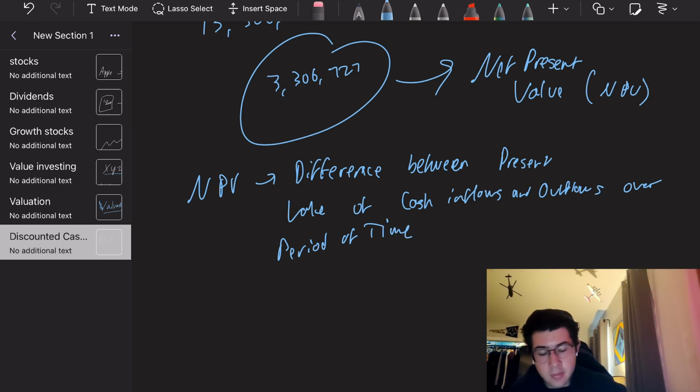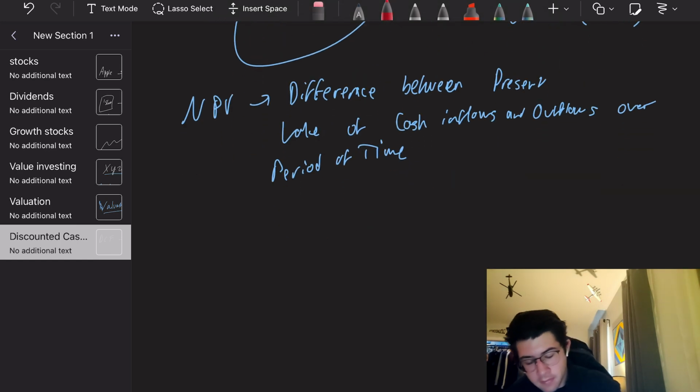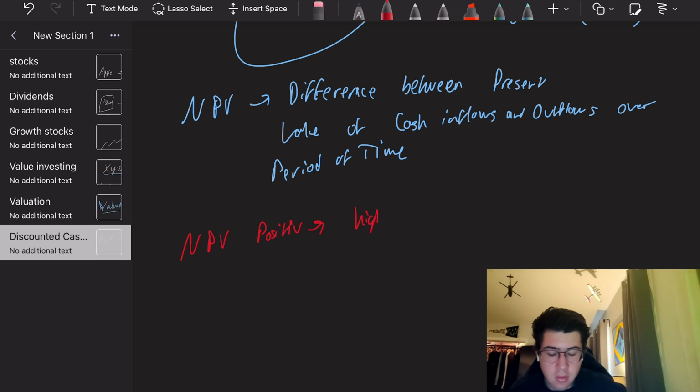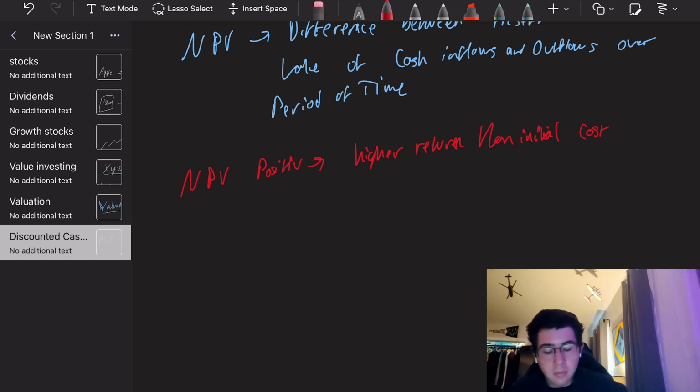Now, since the NPV is positive here, the investment or asset or project could generate a higher return than the initial cost, which equals a profit.